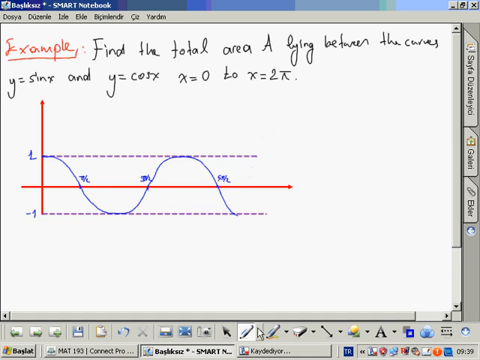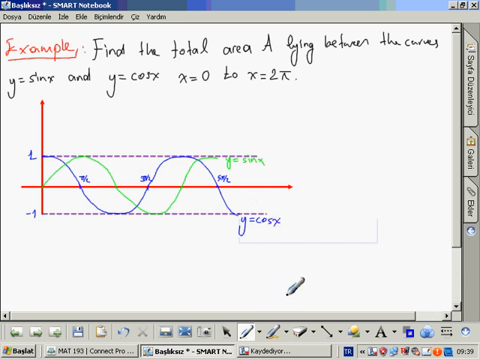The green one is the sine function, sin x, and the blue one is y equals cosine x.